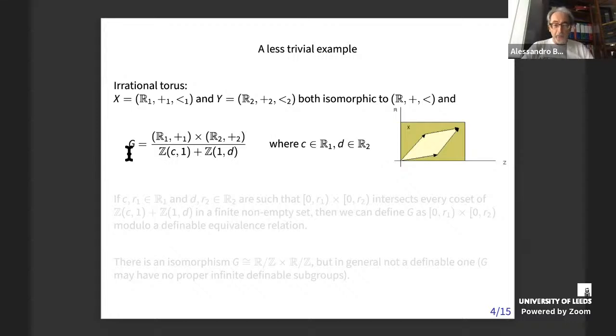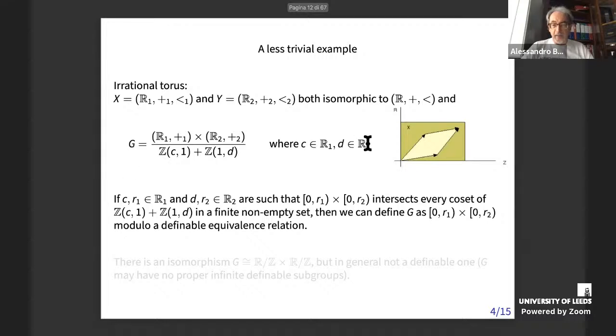Why is that so? Because you can take a big enough rectangle, like in the picture, containing a coset for each equivalence class modulo the lattice. And then you can define the group as the big rectangle, the dark rectangle, modulo a suitable equivalence relation.